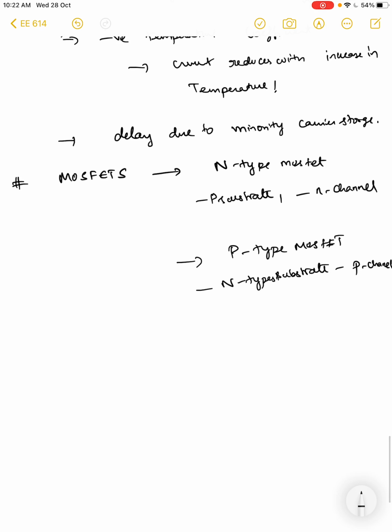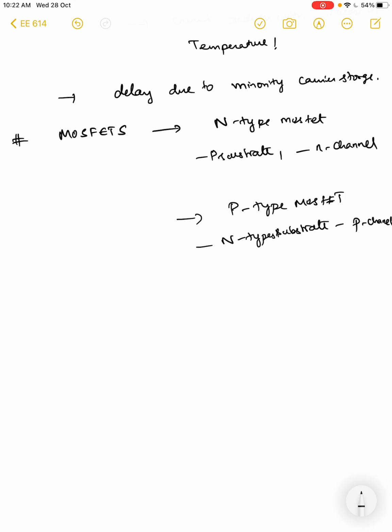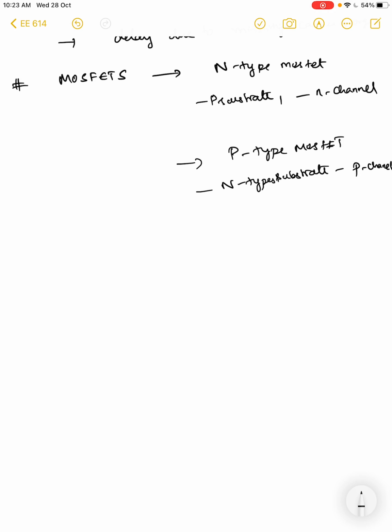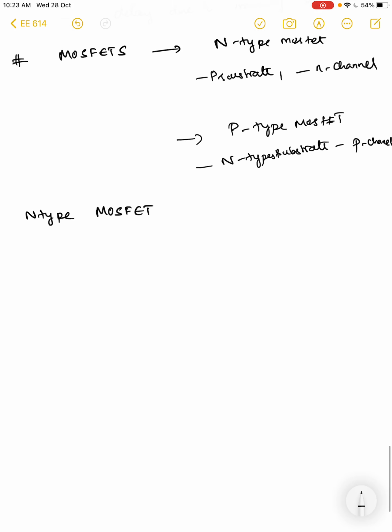Now in each of these there are two versions. Let's take an N-type MOSFET. The same thing can be repeated for P-type, so I'm not going to do P-type. For N-type, you have first a normally off transistor, which is what I described just above.